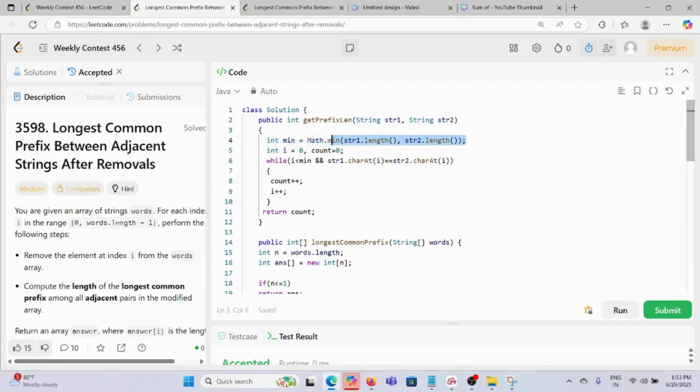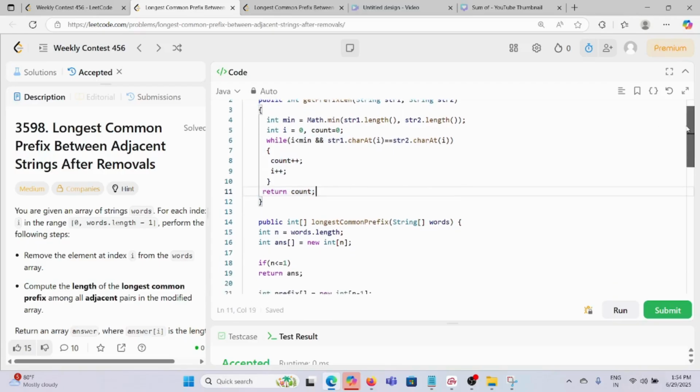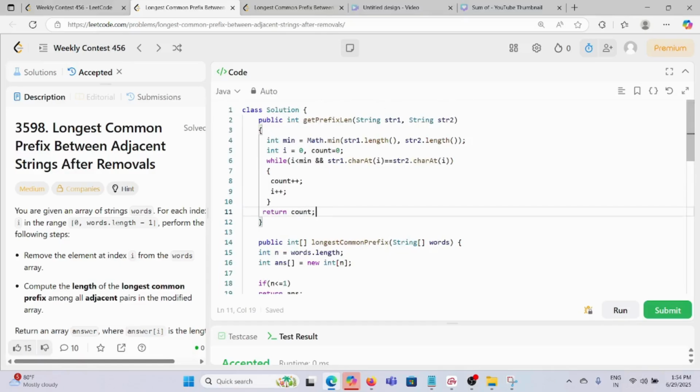We can compare only up to 3 length, right? So that is why I first got the min length of these two, and then I'm counting how many are common from the start. Whenever they are common, we keep on counting. As soon as we come out of this while loop, we have the prefix count, that is, how many are equal starting from the first location. So this method we would be using.